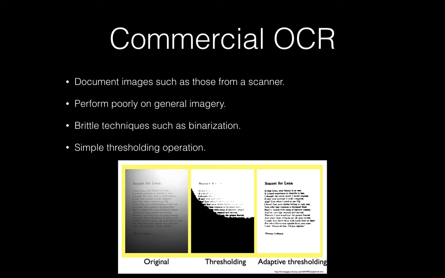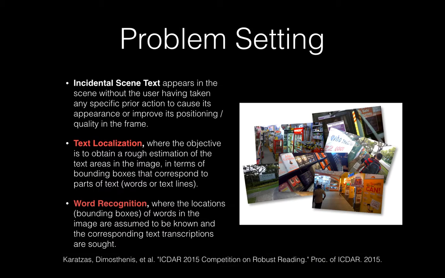Because the technique is really low level, such as binarization. It's simply a thresholding operation that assigns each pixel: if it is higher than an intensity value, it is assigned white as background, and if it's lower, black. Of course, there's some adaptive thresholding, but it's still not enough for natural text.